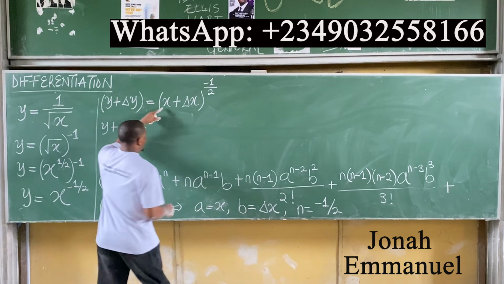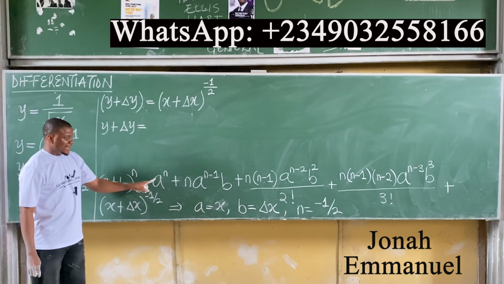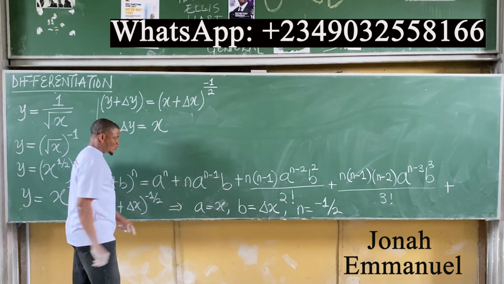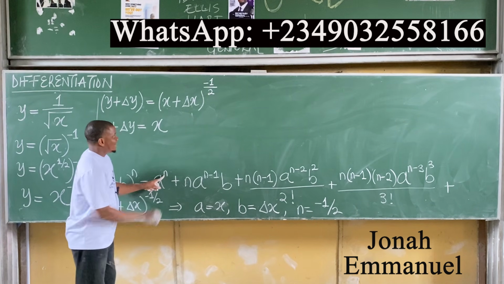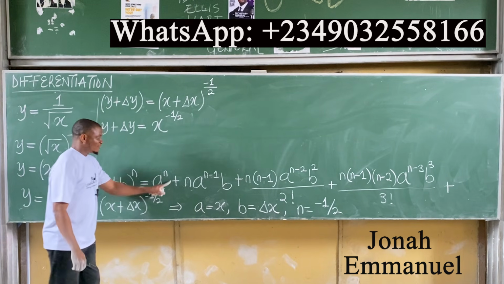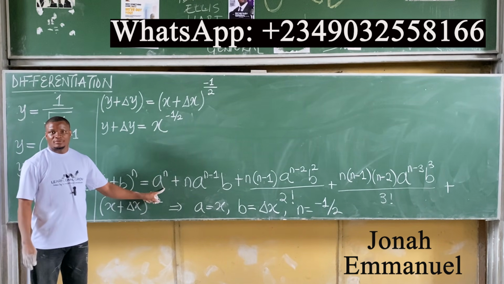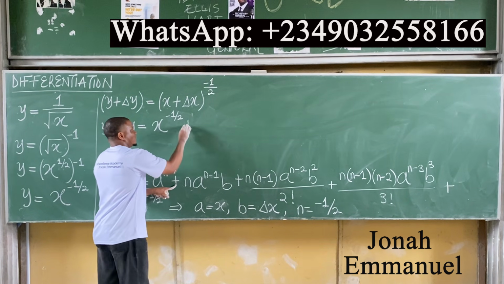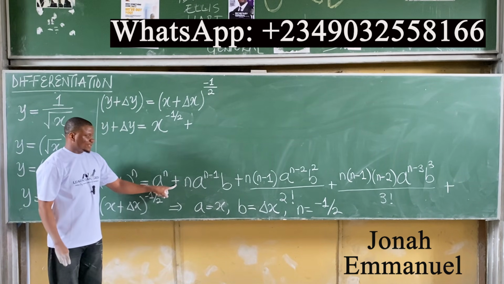This will be equal to expanding this. What's the first term there? A. What's a there? X to power n. What's the value of n there? Minus 1 over 2. I have gotten my first step. That's all. Next up, plus. So I have plus, what do I have here?